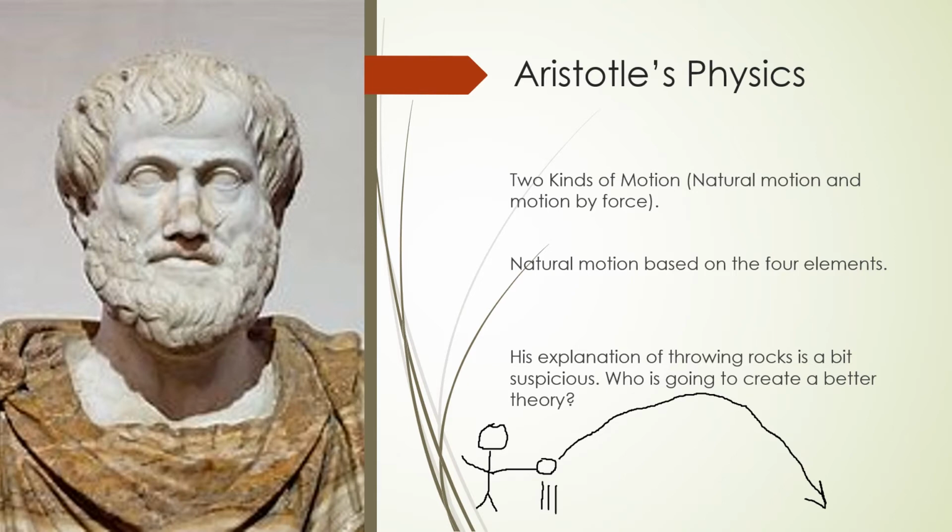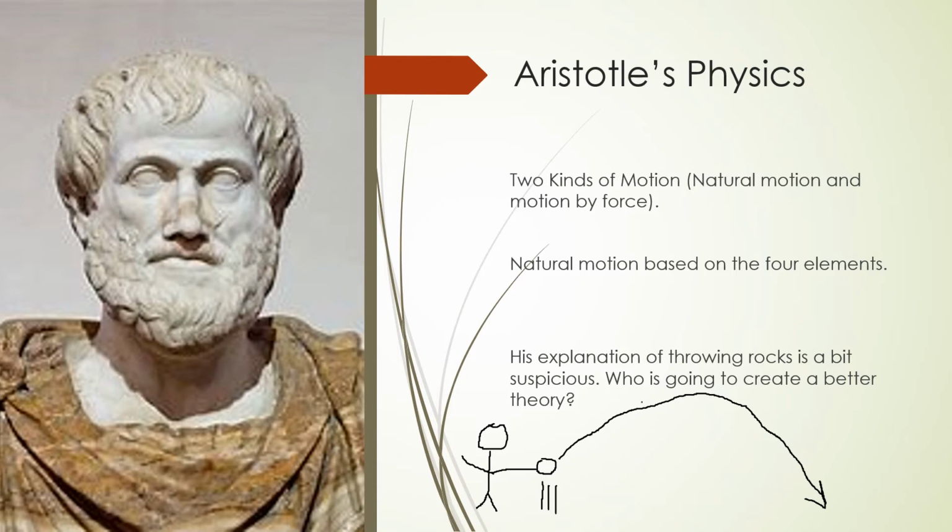And so his explanation is this. Whenever you throw the rock, you're going to push the air also. So you push the rock forward, but you also push the air forward.